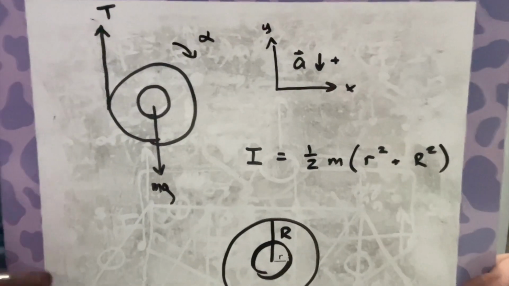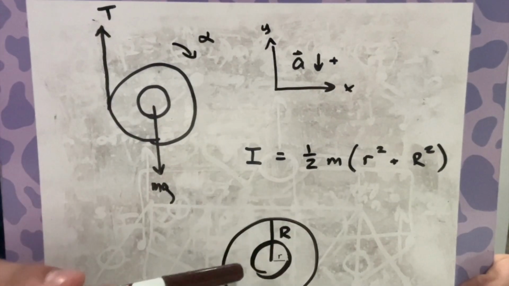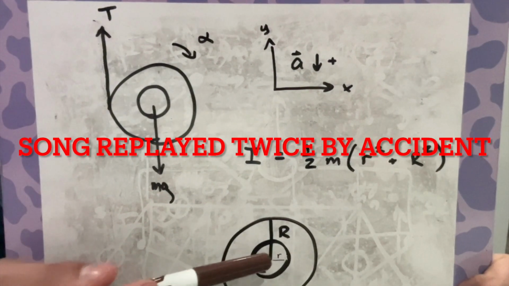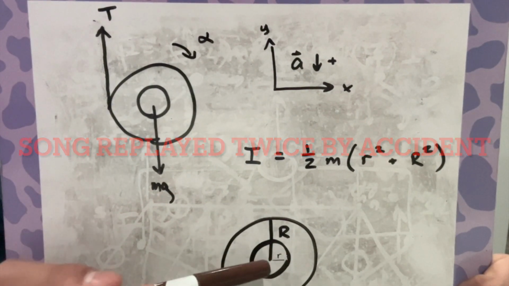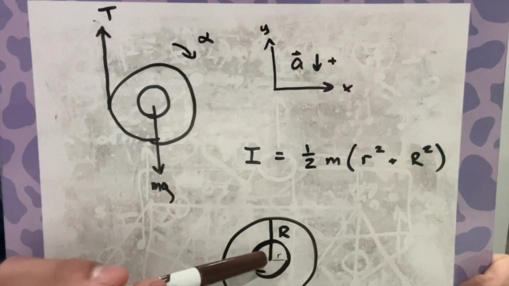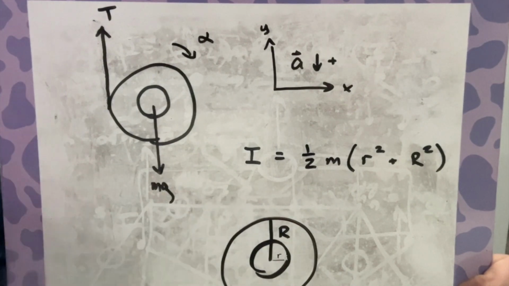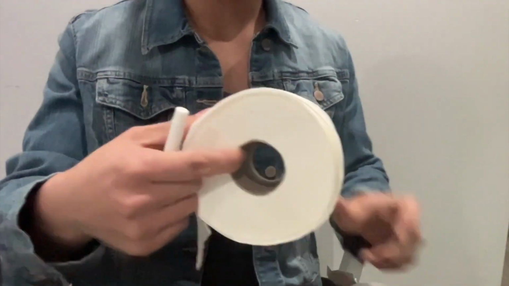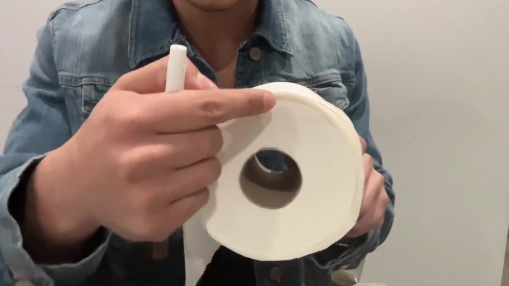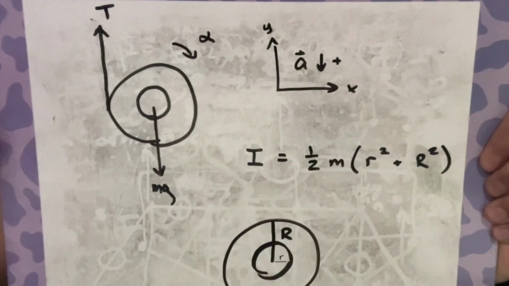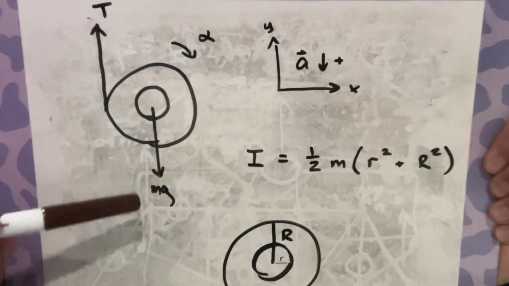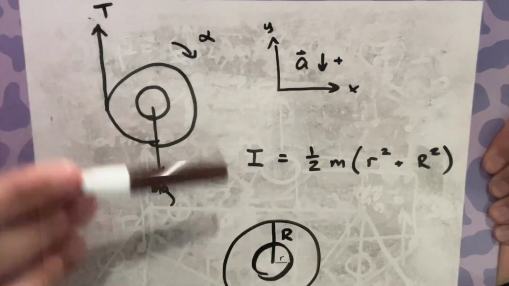Okay, so the small r is the radius from the center to the inner rim, and the big R is the center to the outer rim. The way I'm solving it, you can use energy, but I'm going to just use torque.